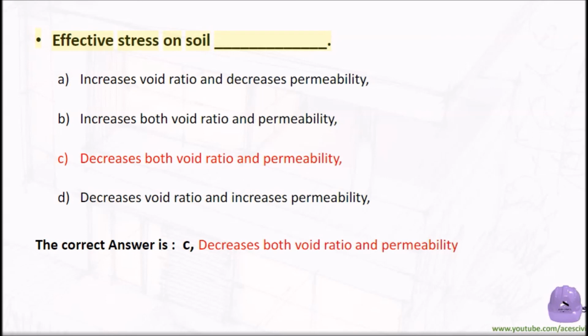Effective stress on soil: A. Increases void ratio and decreases permeability, B. Increases both void ratio and permeability, C. Decreases both void ratio and permeability, D. Decreases void ratio and increases permeability. The correct answer is C. Decreases both void ratio and permeability.